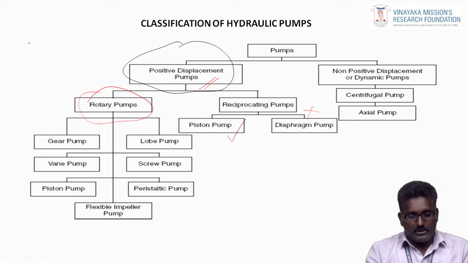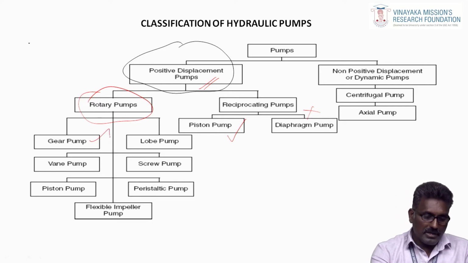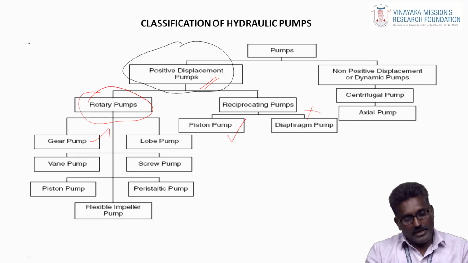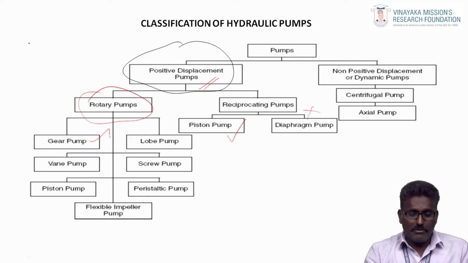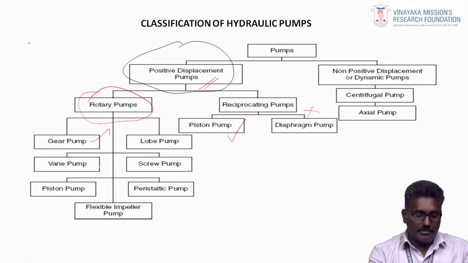The gear pump plays the main role in hydraulic applications. The gear pump has many classifications: the external gear pump, internal gear pump, lobe pump, gerotor pump, screw pump, etc. All these pumps are used in our hydraulic applications. And then the vane pump, piston pump, lobe pump, screw pump, peristaltic and flexible impeller pump.